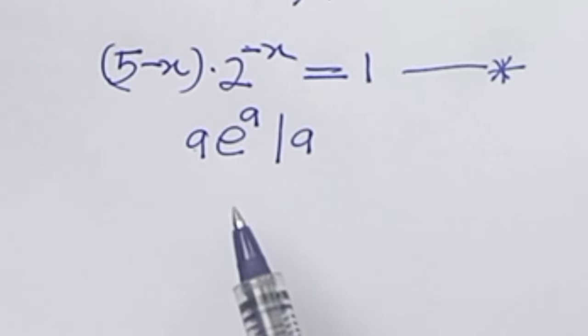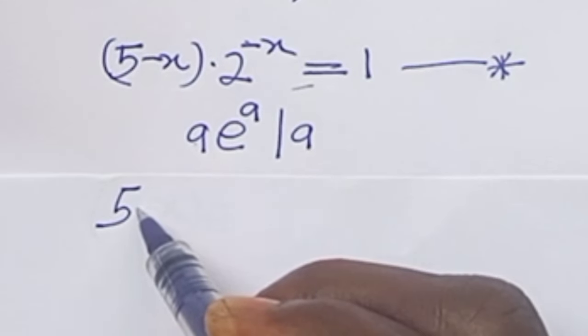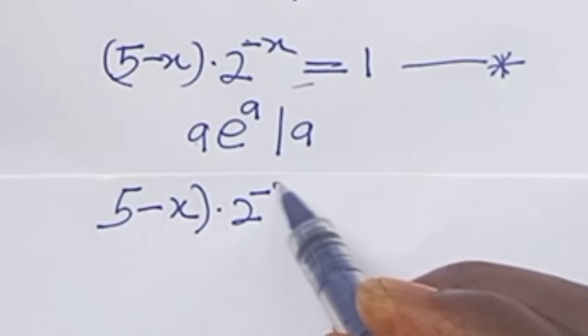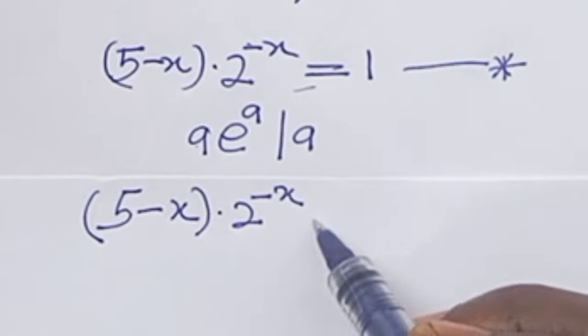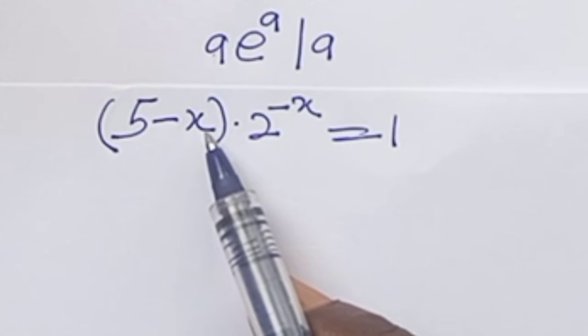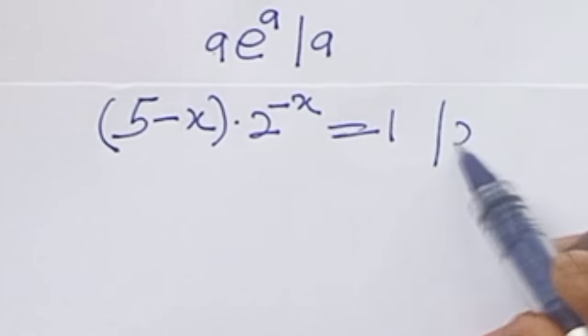So to do this, we are called upon to transform all these quantities. So from equation star, 5 minus x times 2 to the power of minus x, close the bracket, equals to 1. To do this, we are going to transform minus x to 5 minus x by multiplying both sides by 2 to the power of 5.